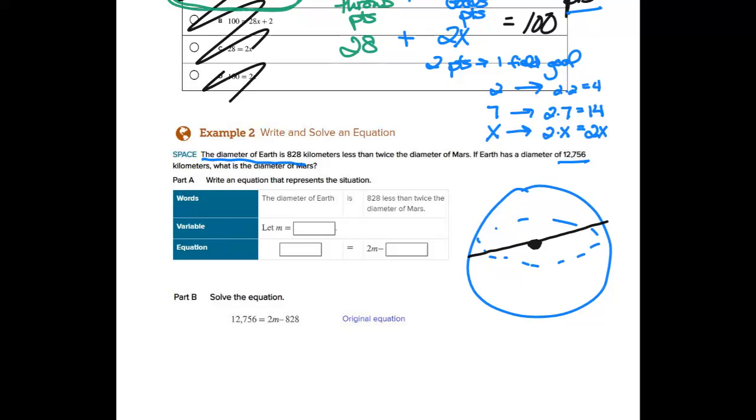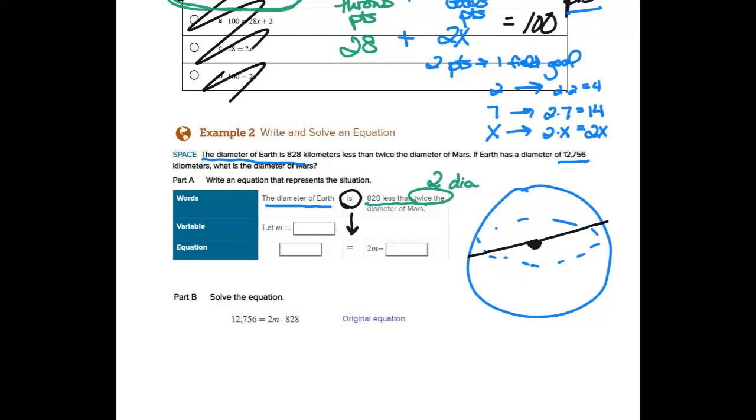The words are: let the diameter of the Earth is your equals. Whenever you see is in some kind of a word problem, that is usually your equal sign. And the other one, 828 less than twice the diameter of Mars. What's twice? 2 times the diameter of Mars.